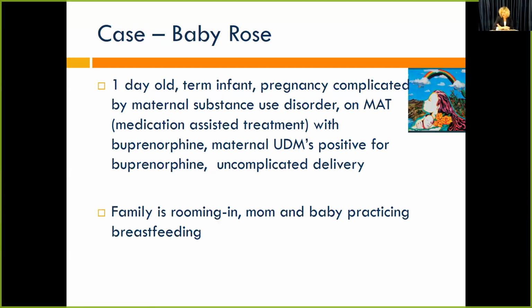During her pregnancy, mom's UDMs, or urine drug screens, were only positive for buprenorphine. The baby had an uncomplicated delivery and did not need resuscitation in the delivery room. Since she was born, the family has been together, rooming in, and getting support for breastfeeding and working on skin-to-skin and other routine newborn cares.